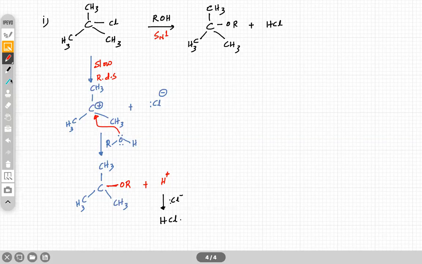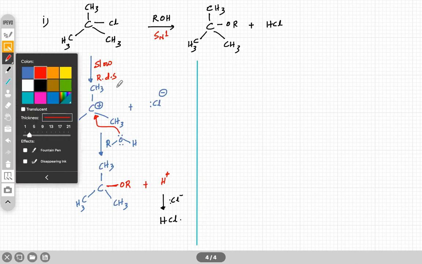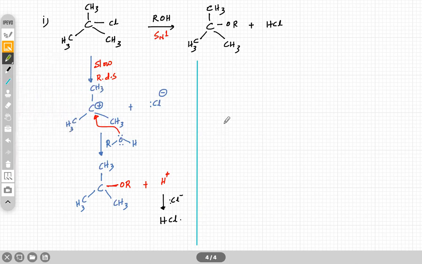Now in this only, suppose we have the next thing. If you take here, suppose I'm taking 1 degree alkyl halide here, that is CH3CH2Cl, and this reacts with ROH, right?